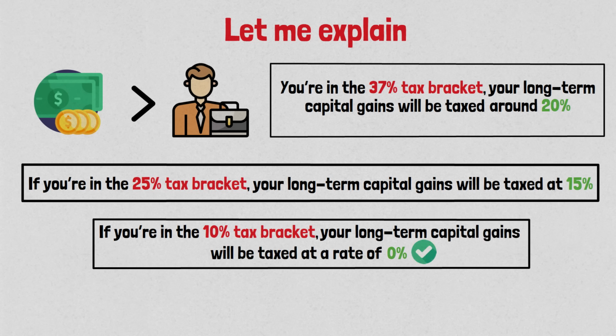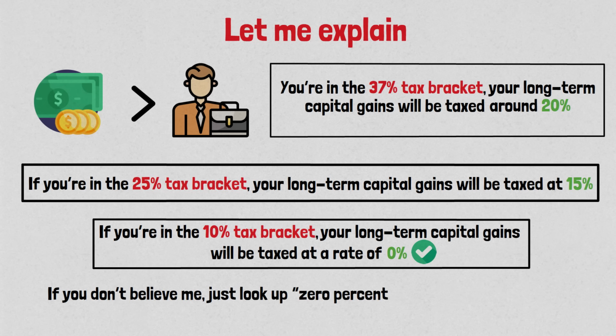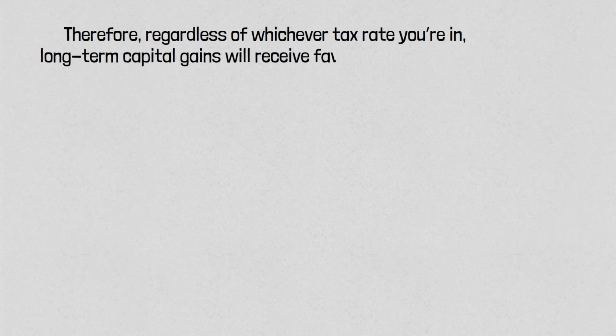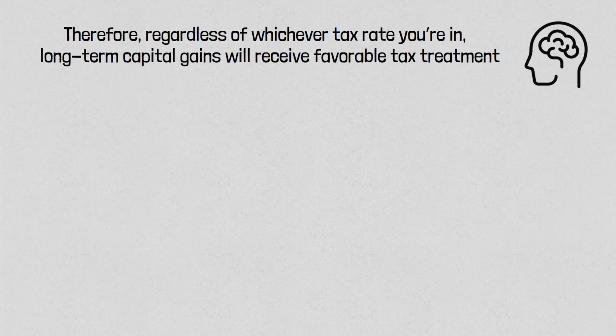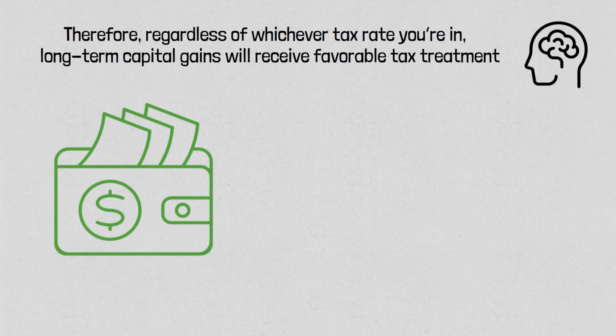So that's right, 0%. If you don't believe me, you can look up 0% long-term capital gains tax. Therefore, regardless of whichever tax rate that you're in, long-term capital gains will receive favorable tax treatment. So keep that in mind. This is going to save you a lot of money, especially if you're sitting on a big winner.